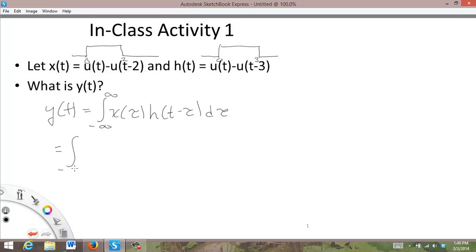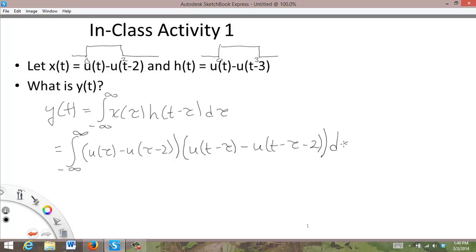So the integral from minus infinity to infinity of, in parentheses, u of tau minus u of tau minus 2, that's x, and that's multiplied by u of t minus tau minus u of t minus tau minus 2, close parentheses, d tau.